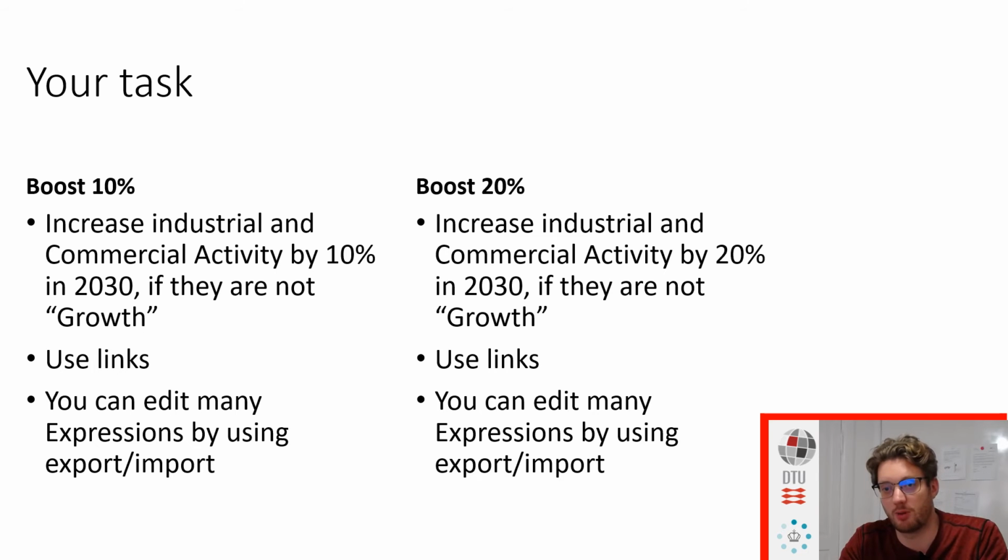In this case, you should probably export your different expressions, not yearly values, again, not to mess anything up. Plus you want an expression so you can track what you have done. And also you can manually in Excel delete all the rows that you don't need when you're importing, which can be quite useful. For boost 20%, we have to do exactly the same, except that the commercial and industrial activity to increase is 20% by 2030 instead of 10%.